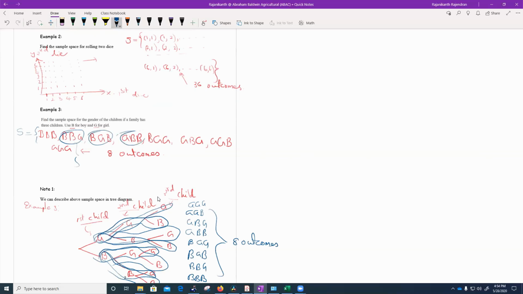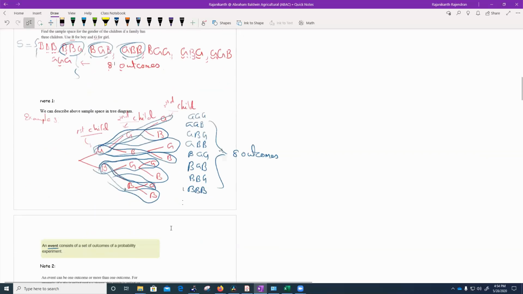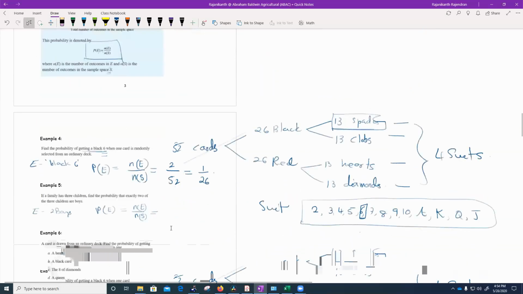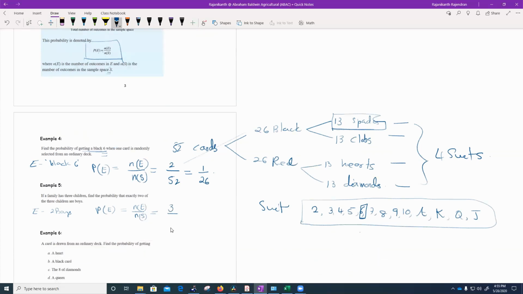So I have 3 possible outcomes out of 8, right? Those who have 2 Bs. Therefore, my possible outcomes for getting 2 boys is 3 over n of S. The possible outcomes in my sample space, remember sample space is the collection of all possible outcomes, is 8. Therefore, the answer is 3 over 8. I'm leaving it as it is.